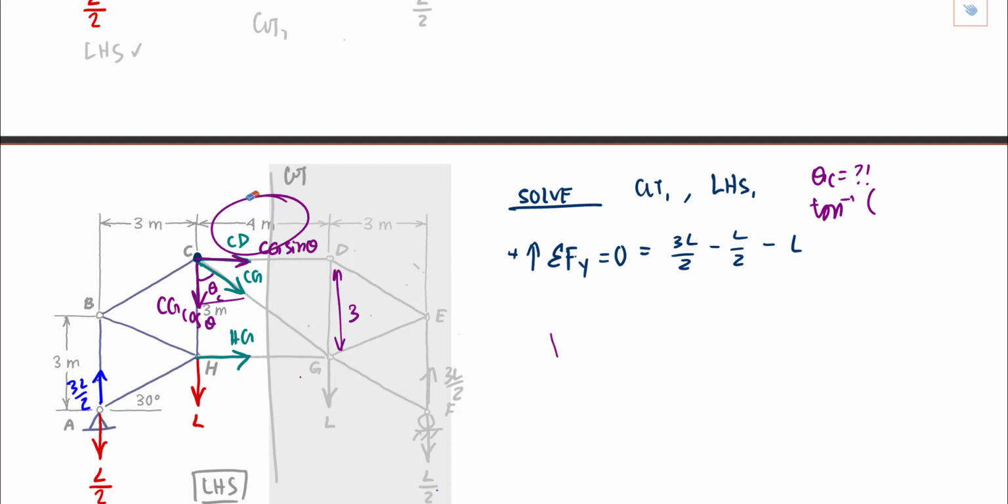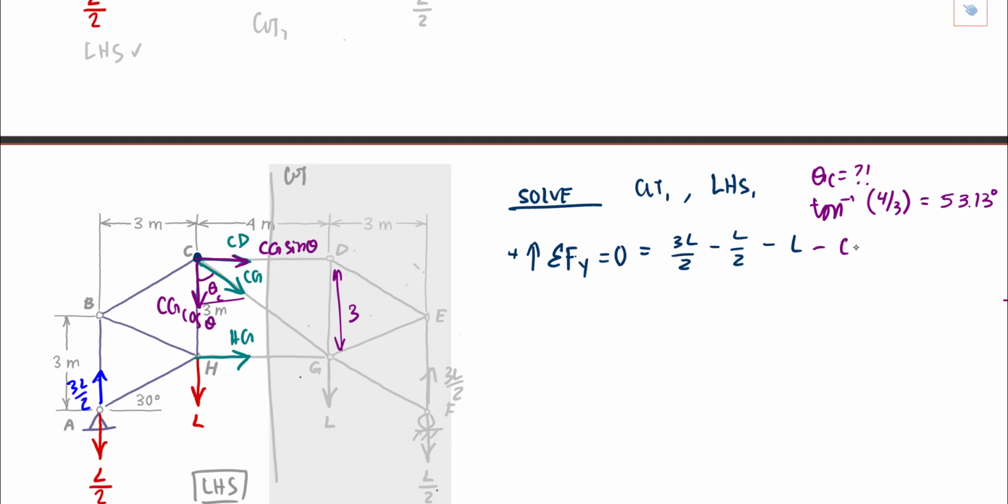So this ends up looking like 4 over 3, which ends up being 51.13 degrees. Or sorry, 53.13 degrees. Okay. And so let's also incorporate that into our formula.